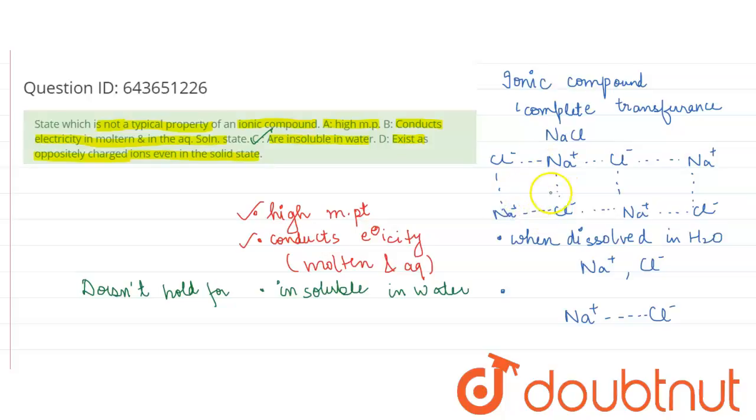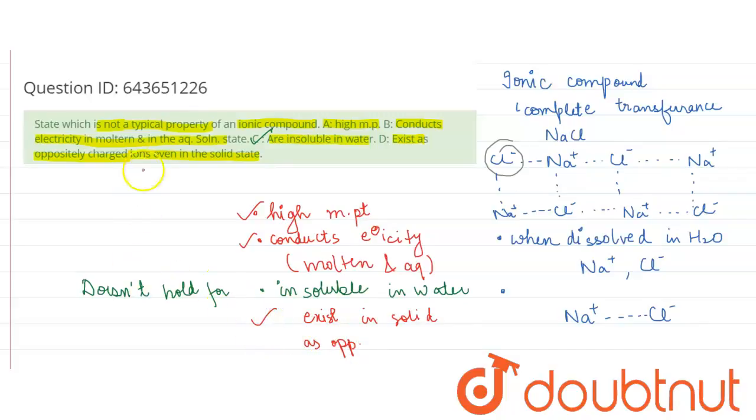So oppositely charged ions, sodium ions and chloride ions, exist in their solid state. Option D is also correct. It holds true for an ionic compound.